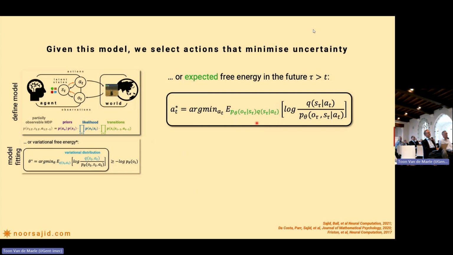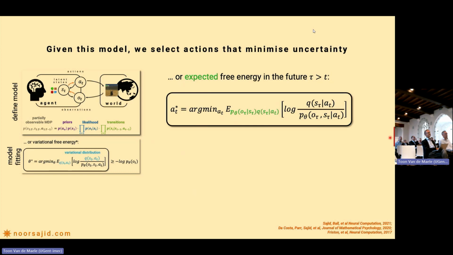This gives us the predictive posterior that we're interested in. At each time point, you sum the expected free energy over time, then do a softmax over it to give you the posterior over actions, and you sample that in order to select the next actions.